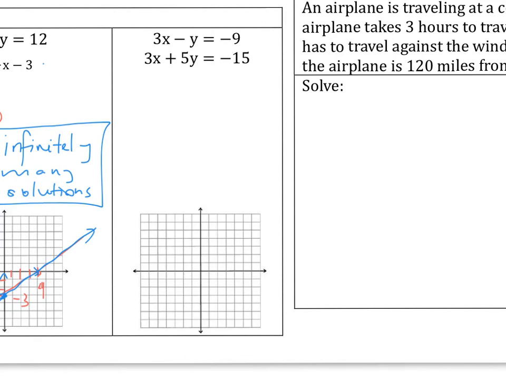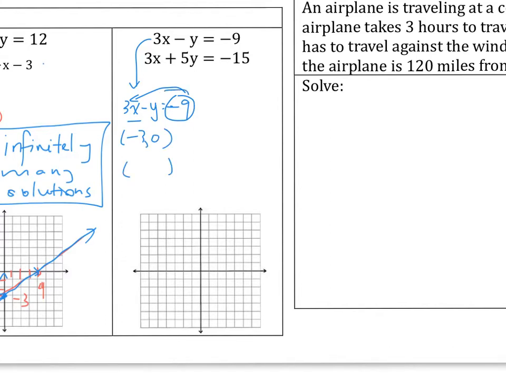And for this third case here, 3x minus y equal to negative 9. I'm going to use the x and y intercepts to graph. So negative 9 divided by positive 3 gives me the x-intercept of negative 3.